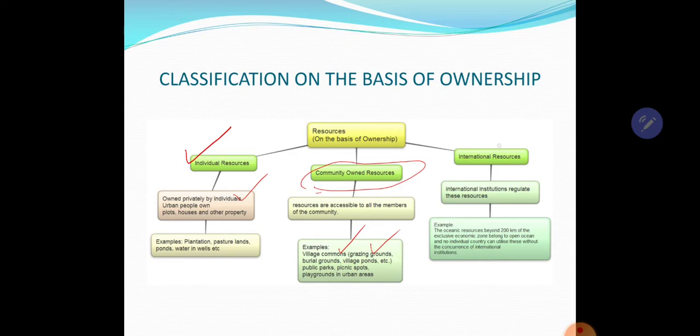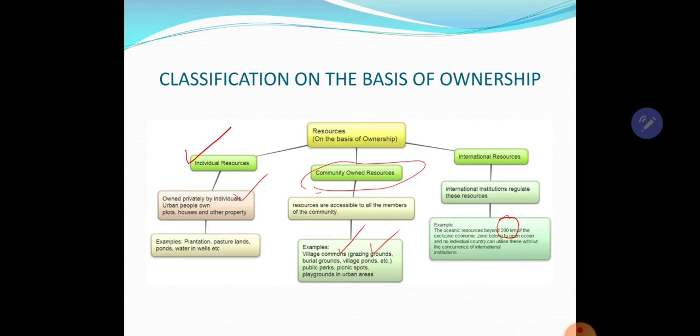Then comes international resources. In international resources, oceanic resources beyond 200 kilometers of any nation's boundary are international resources.